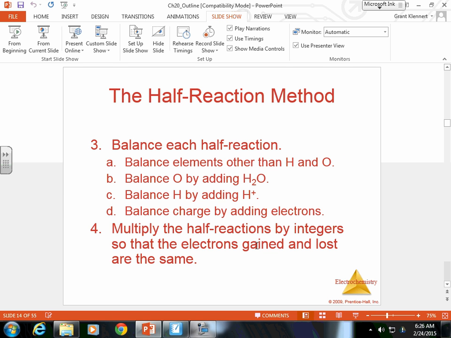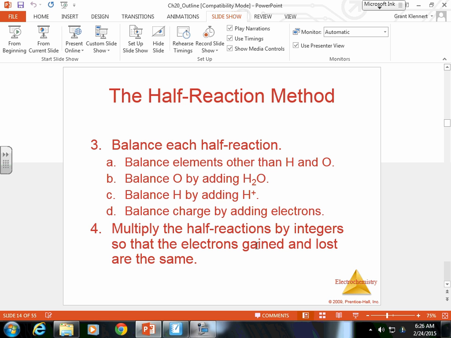Once you've written each half reaction, you're going to have to balance each half reaction. And how you're going to do that is a little differently than what you've done in the past. You're going to balance elements other than hydrogen and oxygen. So you're going to leave hydrogen and oxygen alone. You're going to balance oxygen by adding water. You're going to balance hydrogen by adding H+.